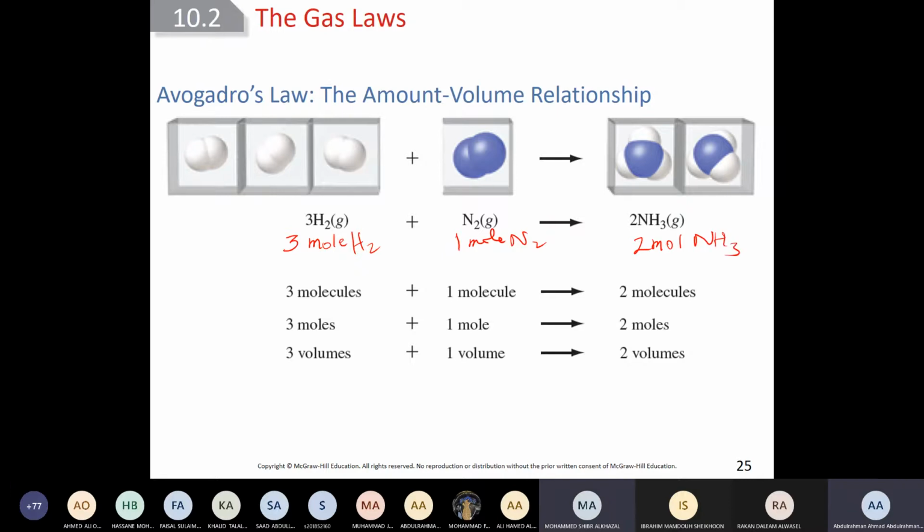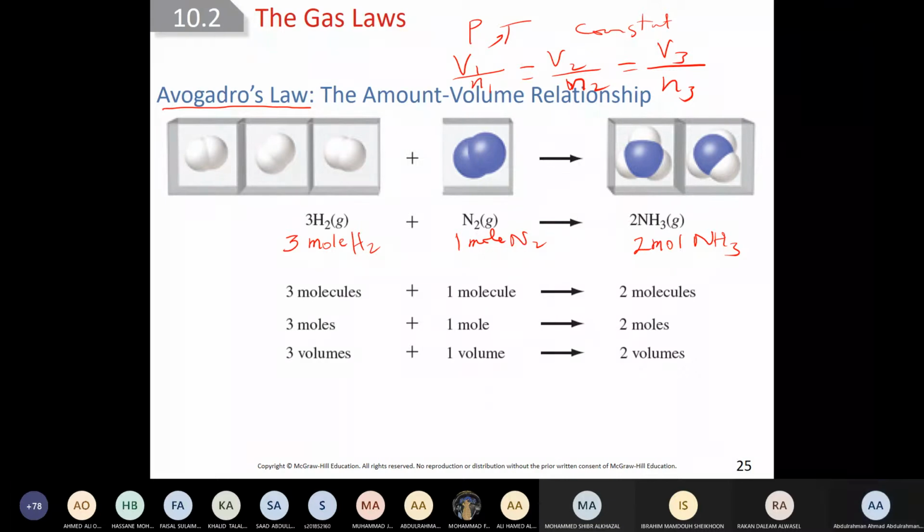Exactly. Now, if we apply Avogadro's law, which is if we have constant P and T, then we can say V1 over N1 equal to V2 over N2 equal to V3 over N3.